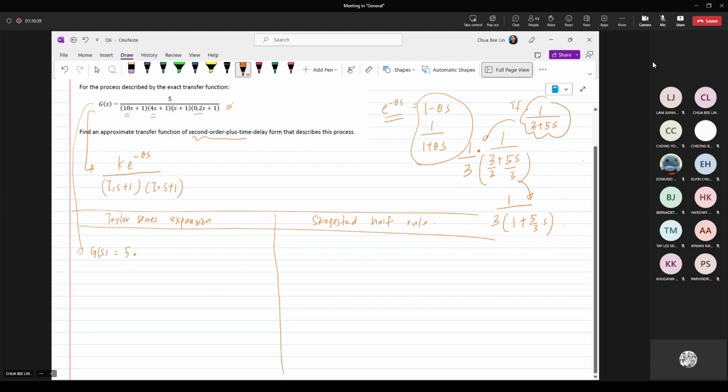So 1 over the 3 is actually at the bottom, means 3 multiplied with 3 over the 3, 3 multiplied with 5 over the 3. You divide by 3, multiply by 3 at the bottom. So if this is the one given in your test and final, you should be able to solve. It's already discussed in the tutorial.